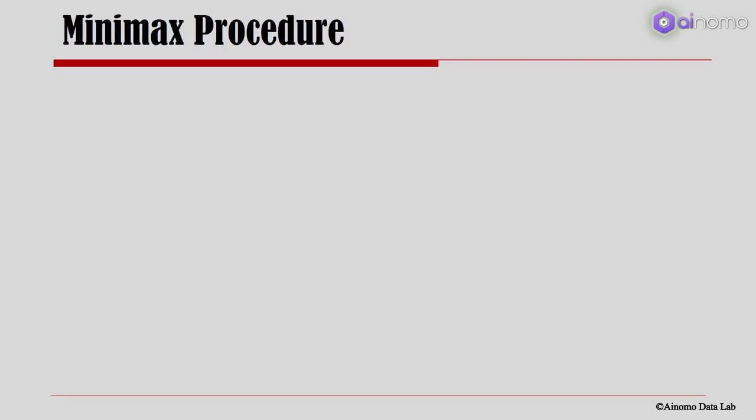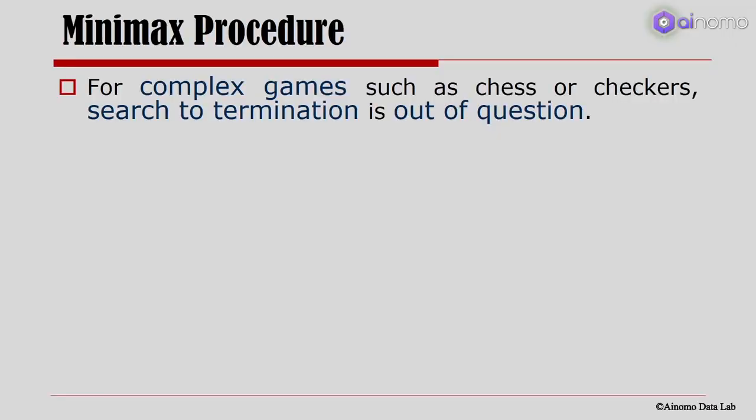Now let's look at how one gets to know the first best move in such a board game. It is important to realize at this point that for many complex games such as chess and checkers, search to termination is out of the question. The complete game of chess has approximately 10 to the power 40 nodes.